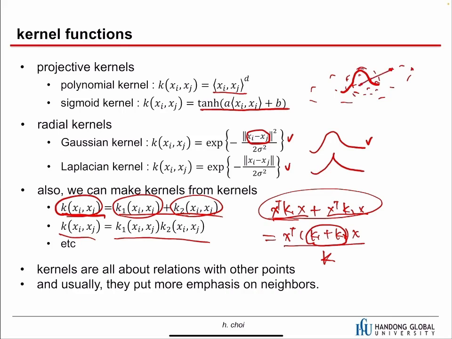In Euclidean distance, these two distances are completely different, but in kernel values, this one is almost the same as 0 and this one is almost the same as 0. So we don't care much about the data samples that are far from us, and we focus on the neighbors. That's what kernel functions usually do.